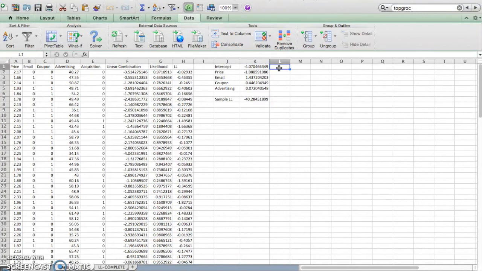So as price goes up, the likelihood of customer acquisition goes down. And as expected, email, coupon, and advertising all have a positive effect on customer acquisition. Using these findings, we can then experiment with different weights of each marketing activity and hypothetically see what the likelihood is for conversion. This would help to create an effective marketing strategy.